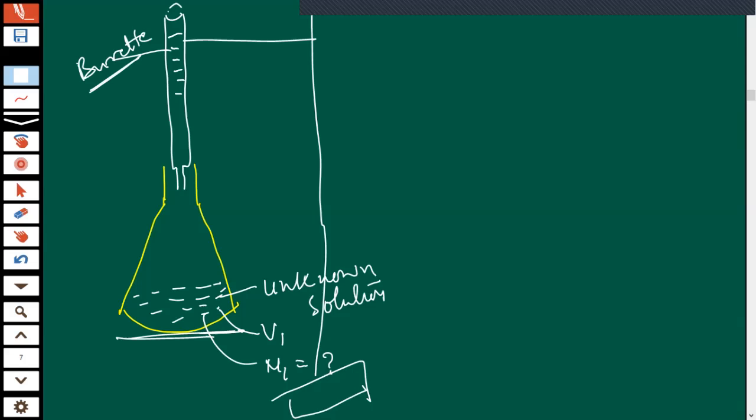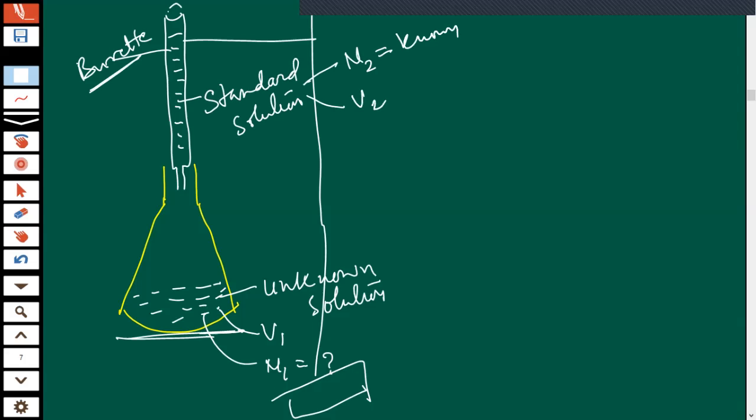And here one solution will be there. This solution is known as the standard solution, whose normality will also be known, and volume will also be known.